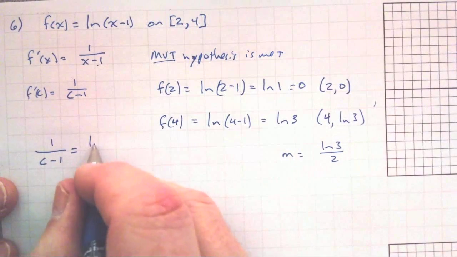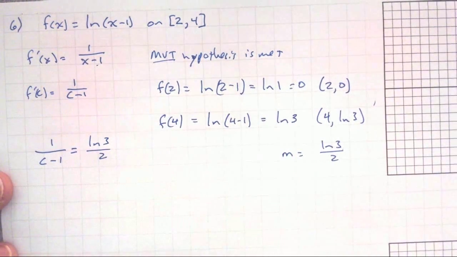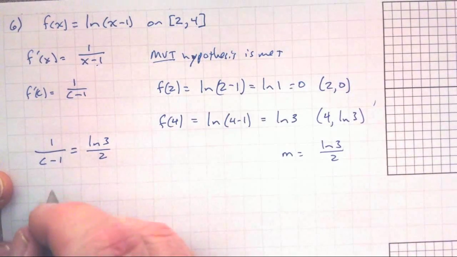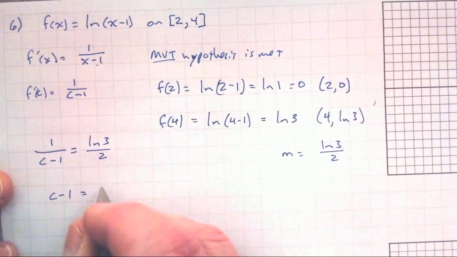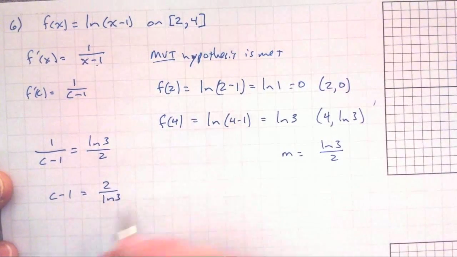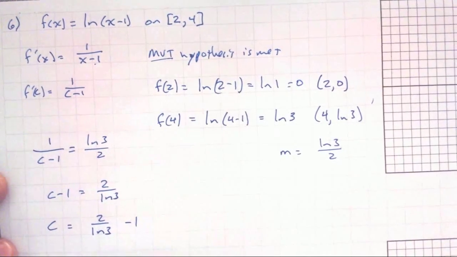So this is ln 3 on 2. Little cross multiplying. In fact, I'm just going to flip both fractions. I'm going to get c minus 1 should equal 2 on ln 3, or c equals 2 on ln 3 plus 1.